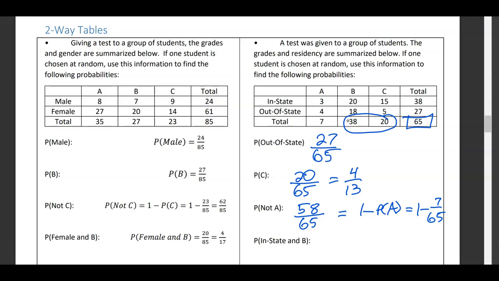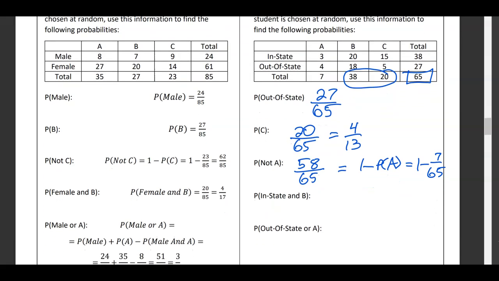So we have a rule for that, but the two-way tables with their subtotaling already just makes it easy to just add them up directly. How many are not A's? 38 plus 20, 58 out of the grand total. In state and a B. There they are. Those 20 people are in state and B's.